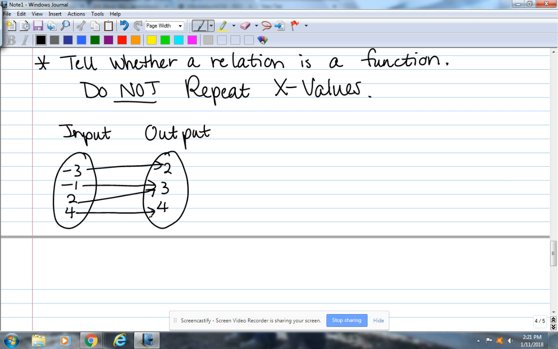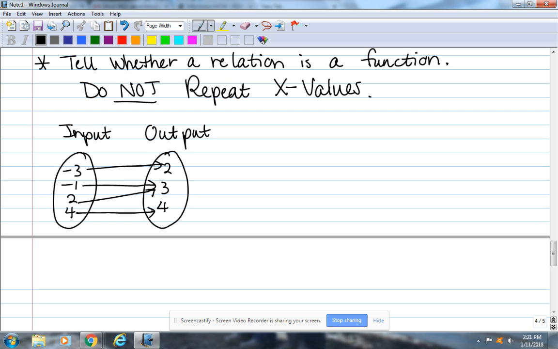Now, which one cannot repeat? Yeah, the inputs, okay? The x's can't repeat, right? Can the y's repeat? Yes. Do I have any x's repeating? No. Every one of those x's all have their own line going to the output box, right? So the x's are all different.